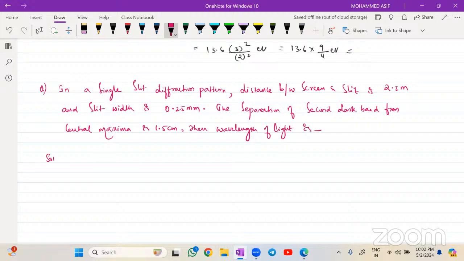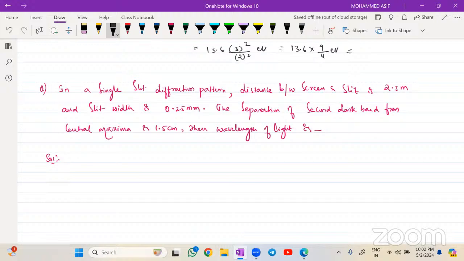Come on, someone tell me. On the fifth day, a question on this model comes compulsorily, on YDSE or diffraction or polarization. In a single slit diffraction pattern, the distance between the slit and screen is given. How do you find the nth secondary minima in single slit diffraction, beta? You are talking about your nth secondary dark fringe.